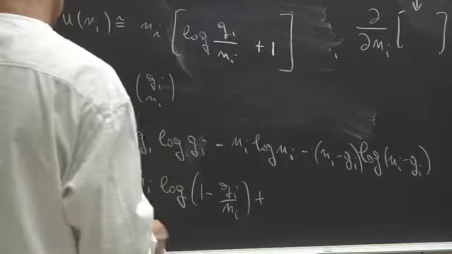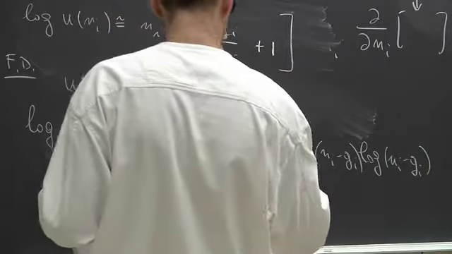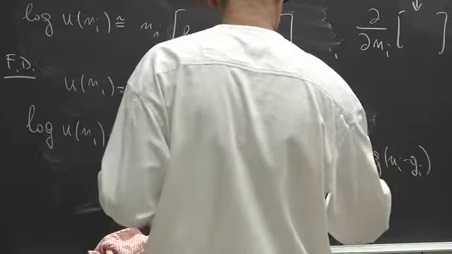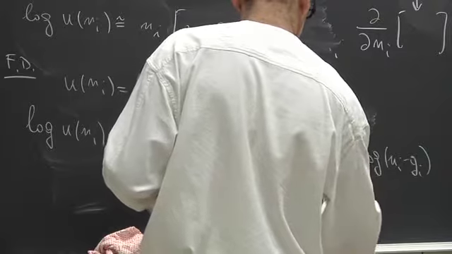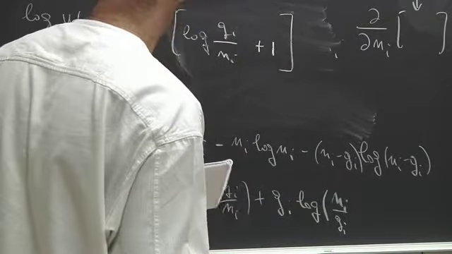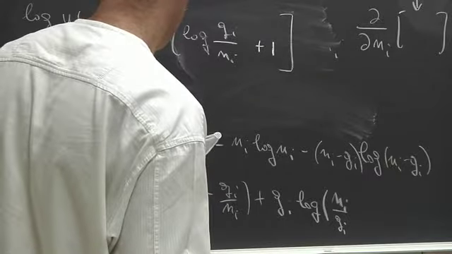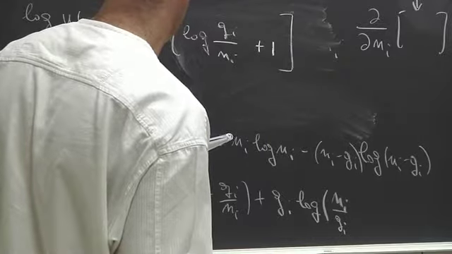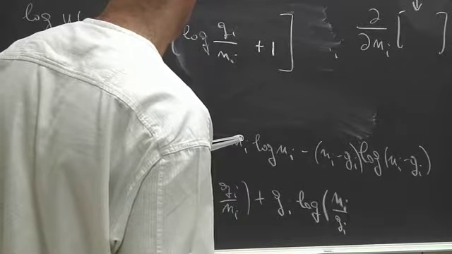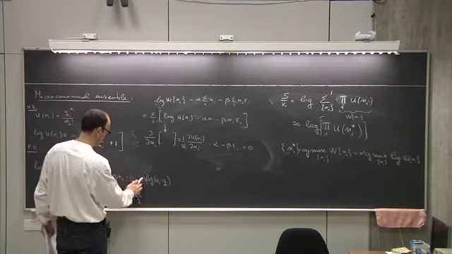And then there is a term proportional to Gi, which is again Gi log of Ni over Gi minus... yes, it's Gi minus, sorry.